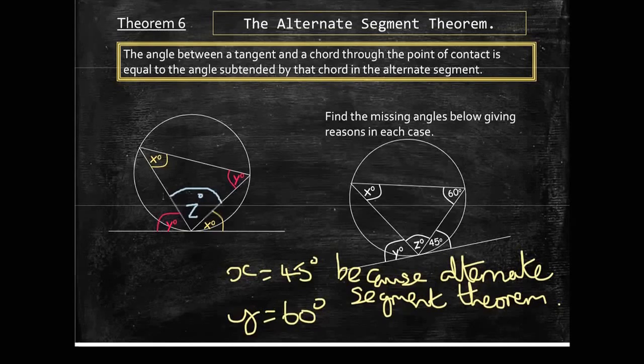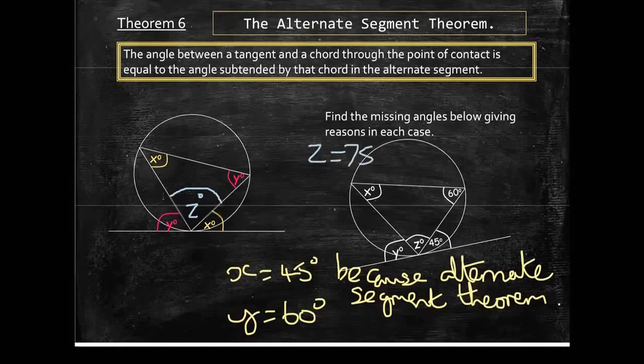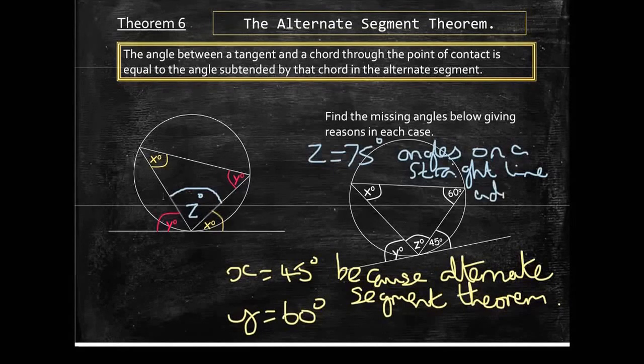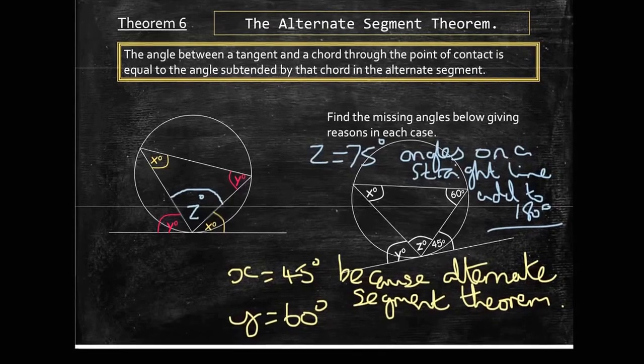But we've got 45 and 60, which makes 105. That must mean that z has to be 75. So z equals 75 degrees, and I'm going to say angles on a straight line add to 180 degrees. Okay, perfect.